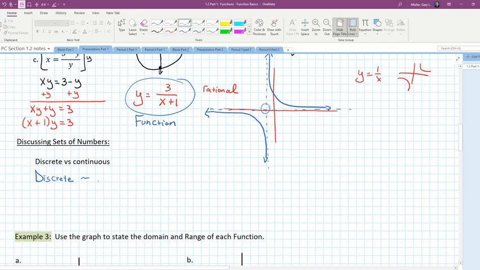Basically, think of that as individual numbers. And continuous would be, I hate using the name in the definition, but continuous is exactly that. It is not individual numbers, but it is a range of numbers. So everything in between sets of numbers or two different numbers.